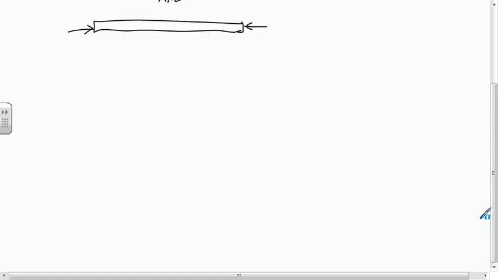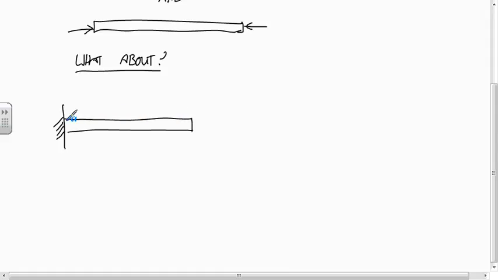But here is something that we can't calculate yet. Imagine that you have a fixed joint to the wall, and 1,000 newtons of force here at a 45-degree angle. Say this is 1 meter long.